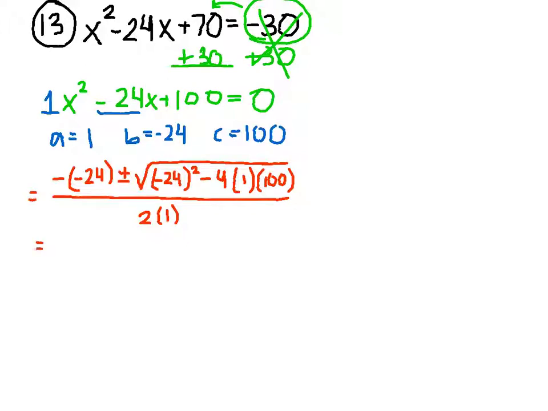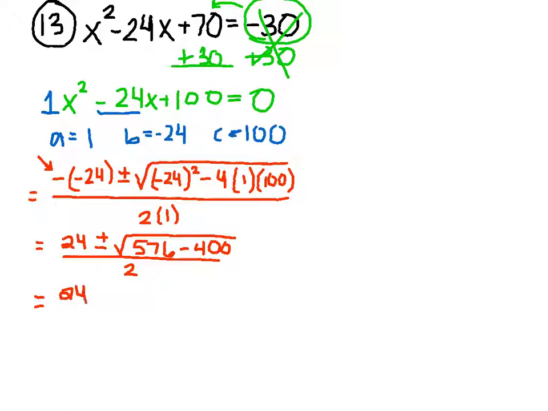Now we just need to simplify. Negative times a negative is a positive, so positive 24 plus or minus the square root, and negative 24 squared is 576, and 4 times 1 times 100 we know is 400, all divided by 2.